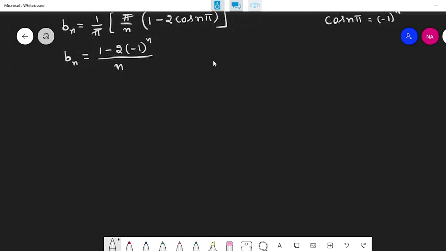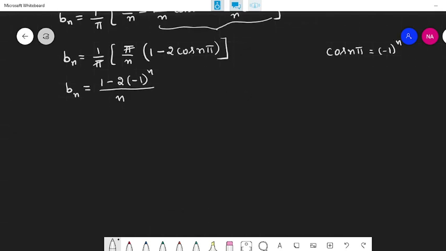Now we have determined a naught, an and bn. Substituting for a naught, an and bn in equation 1. So equation 1 we have written in the beginning of the solution.